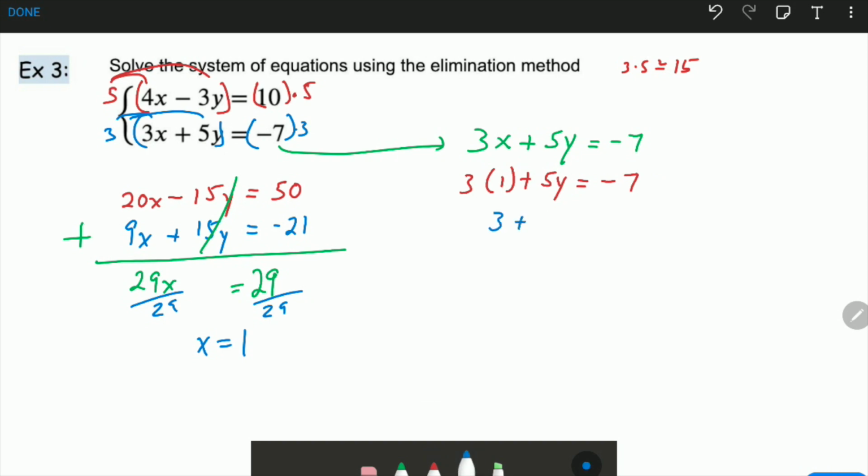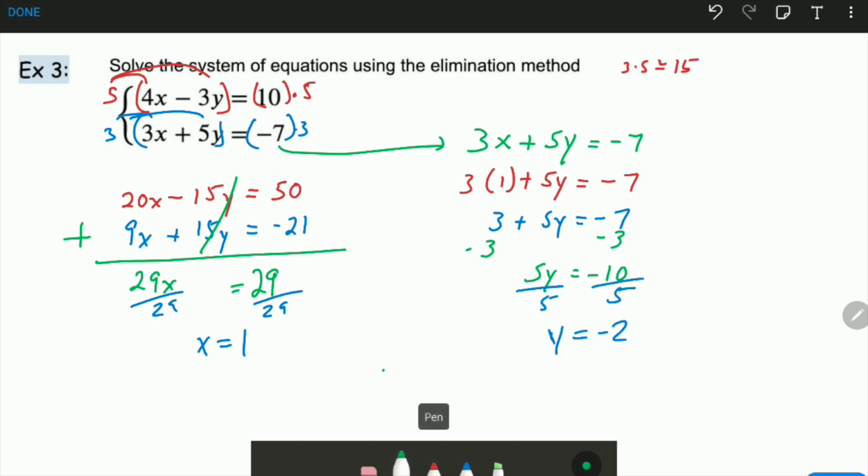So we'll have 3 plus 5y equals -7. It's a two-step equation, so we'll subtract our 3. 5y equals -10. And divide by 5 on both sides. So y is -2. Which means as an ordered pair, the solution is 1, -2.